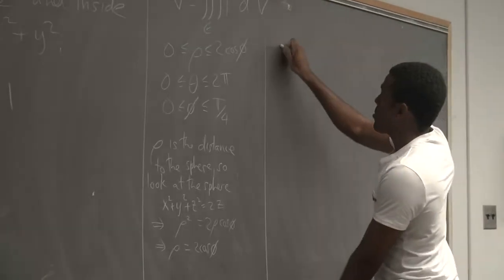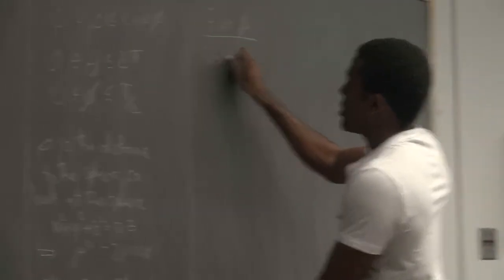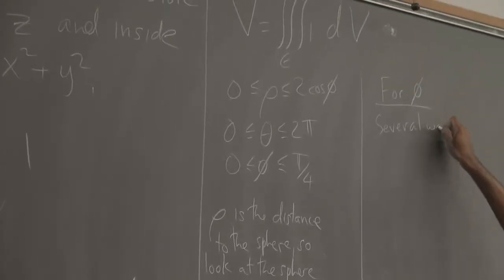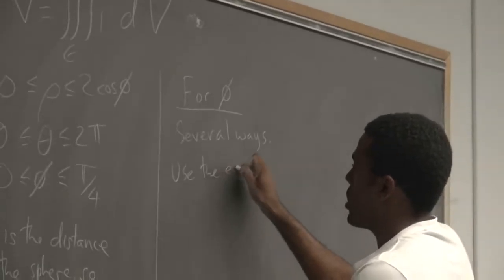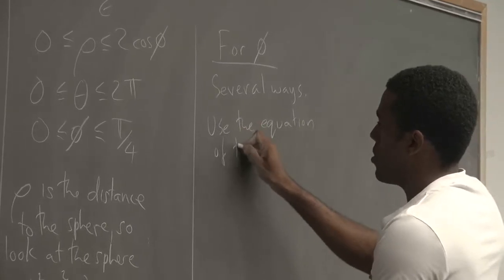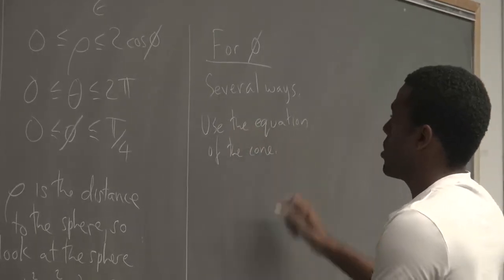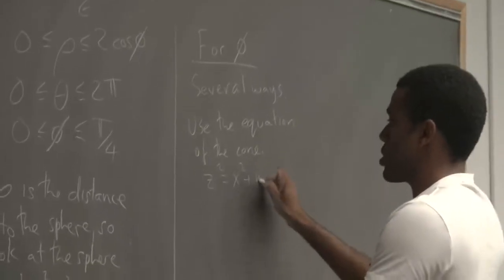All right, so now for phi, there are several ways. Use the equation of the cone. This says z squared is equal to x squared plus y squared.